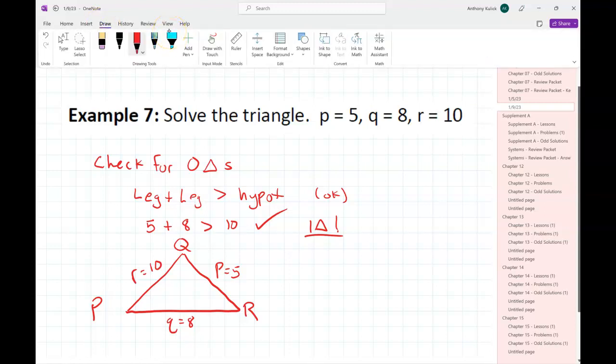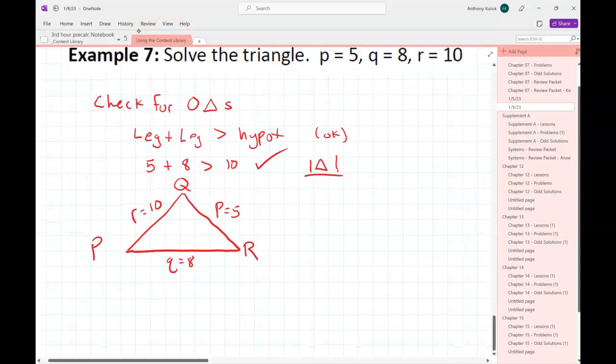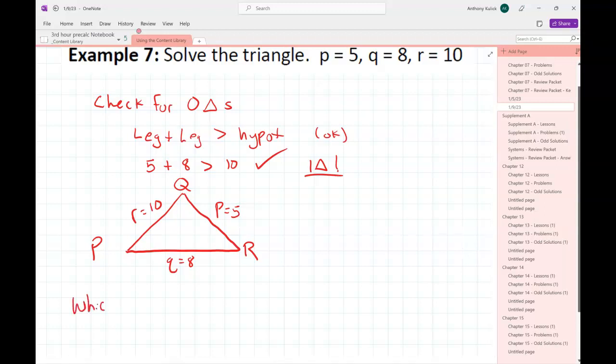First things first. We're going to solve for one of these angles, right? P, Q, or R. That's all we have to find, three angles. Which angle first? Biggest first.